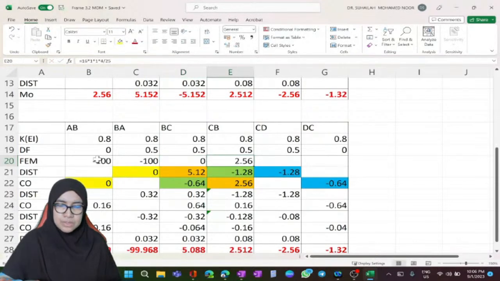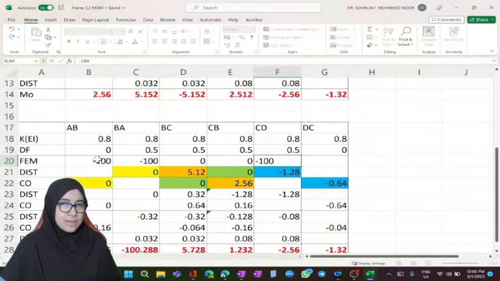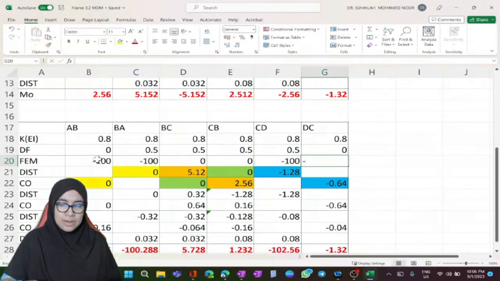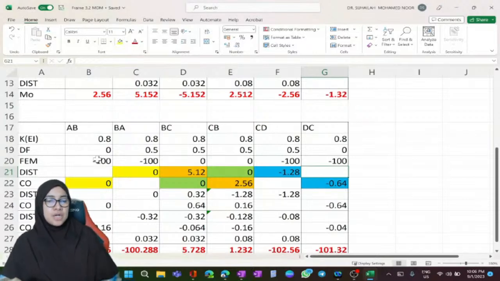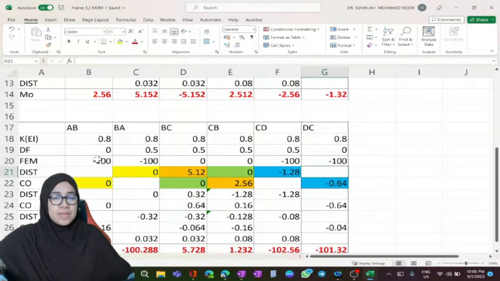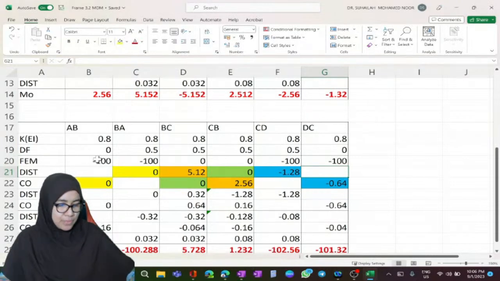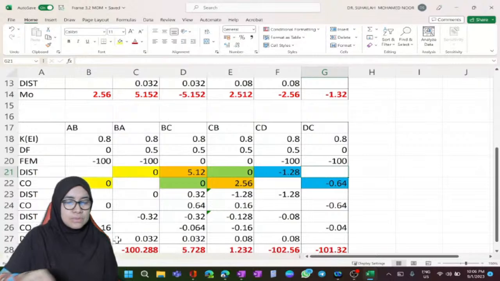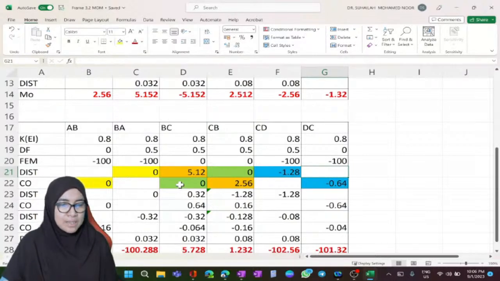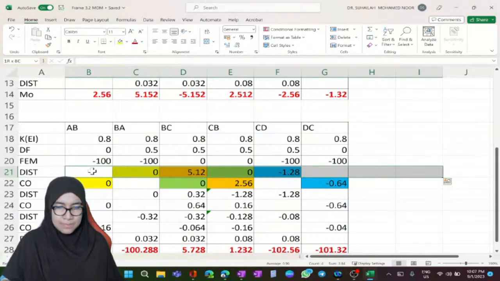For CB is also 0. Okay, and then negative 100, and then negative 100. So we just need to change the FEM. Okay, so we have to calculate the new value. So we repeat the process again.